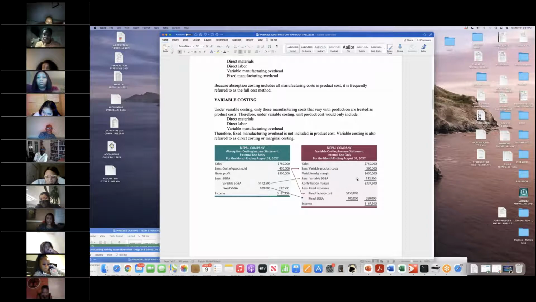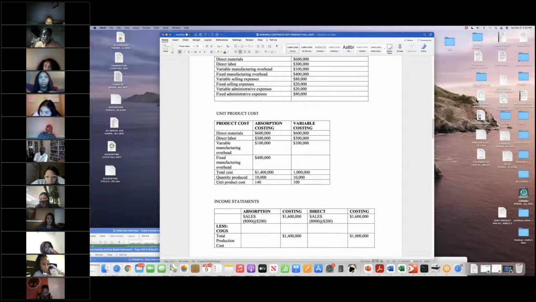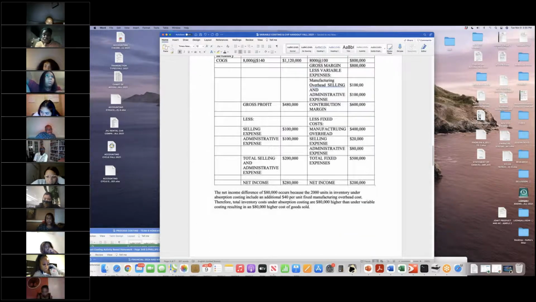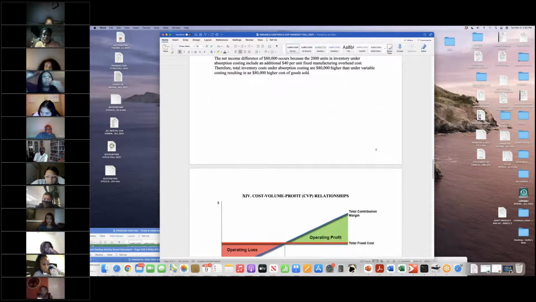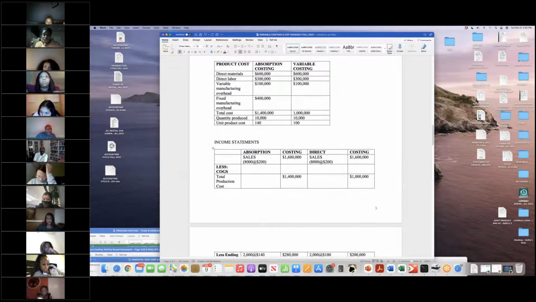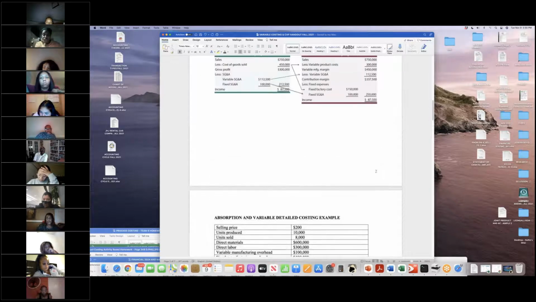So for now, the income statement. I was trying to see if I had a simple one. Well, let me just create one here.